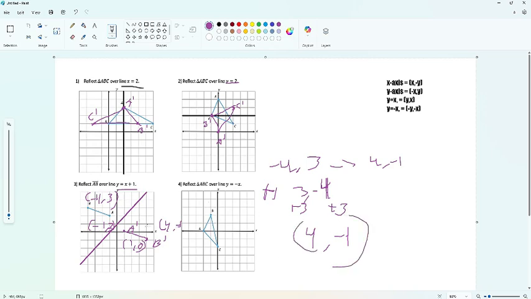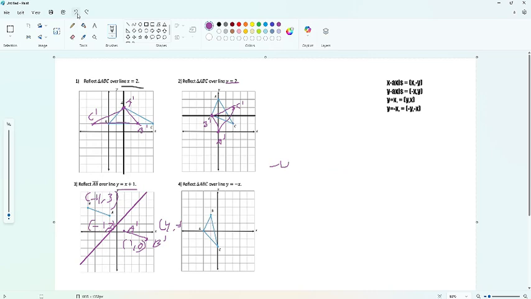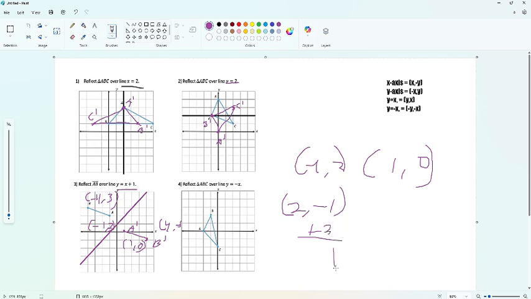Hold on, let me try this for the other one. This is revolutionary, actually. Okay, let's go back. Negative 1, 2, and 1, 0. So it'll be 2, negative 1. Add this. So 1 and minus 1. So 1.